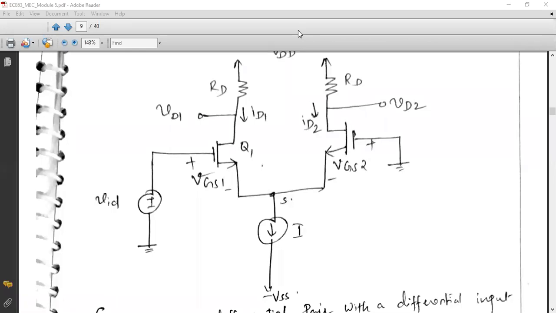Do you have same voltage across gate and source? Meghanashri, tell me what is the difference?